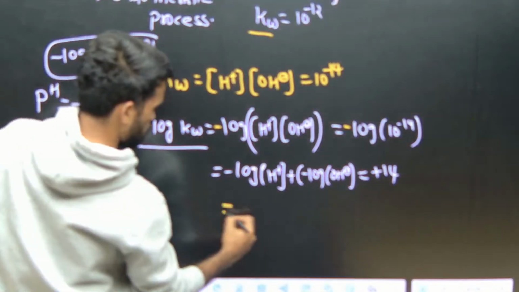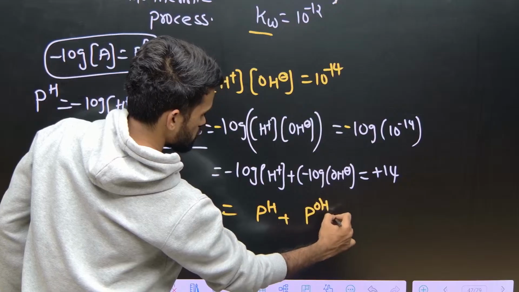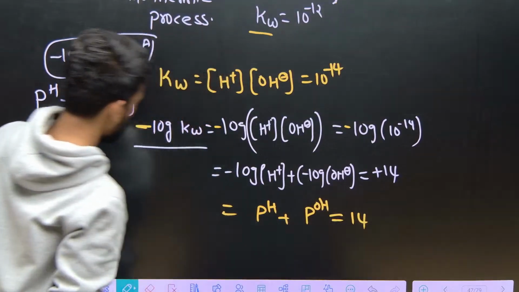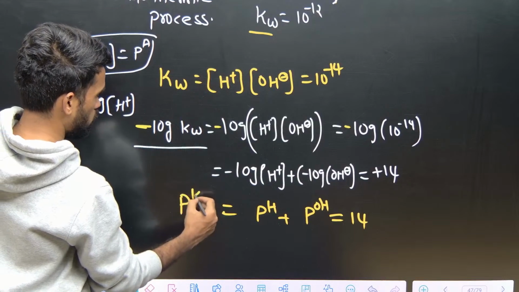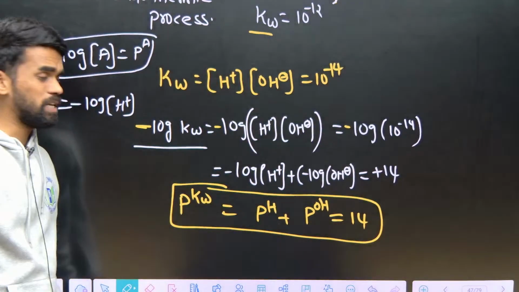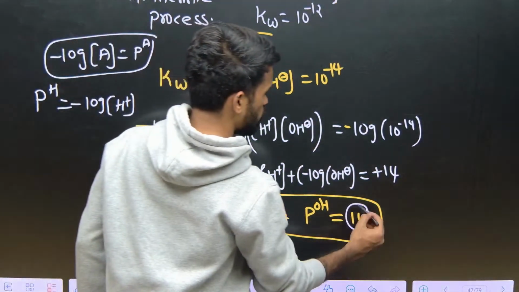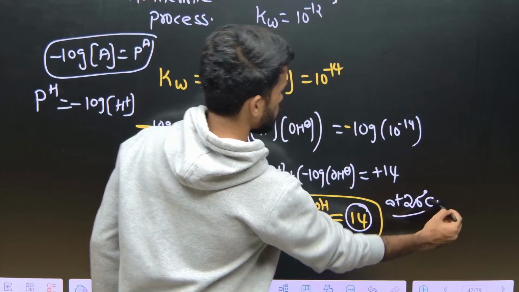So this becomes pH and this becomes pOH. The total sum will be equal to 14, because this you can write as pKw. So pKw at 25 degrees Celsius is equal to how much? 14. At 25 degrees Celsius it is equal to 14.